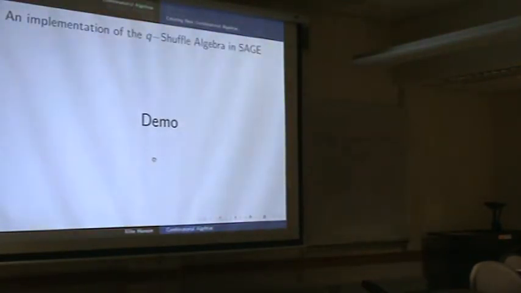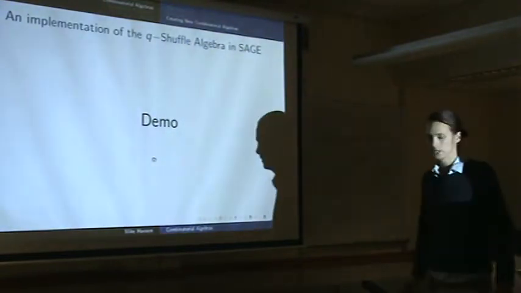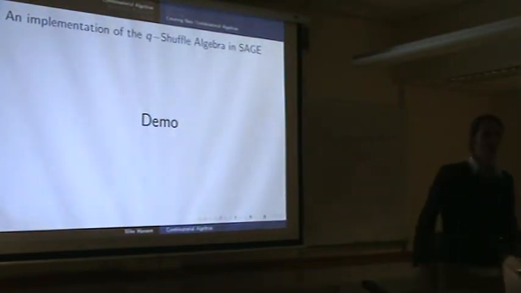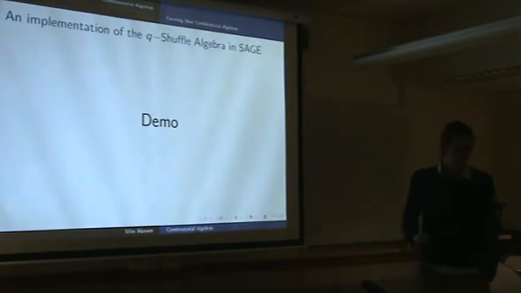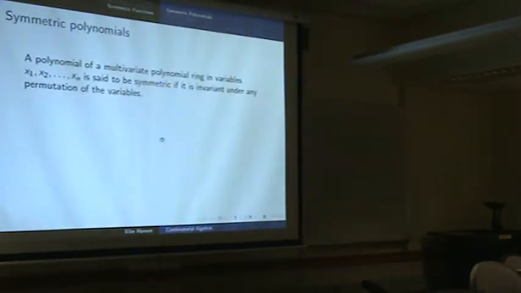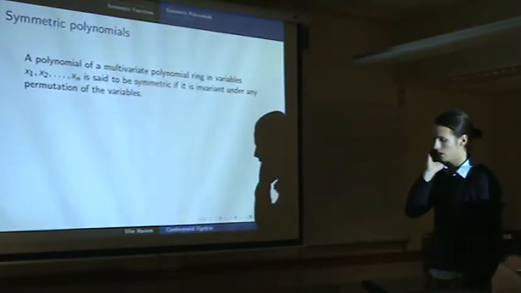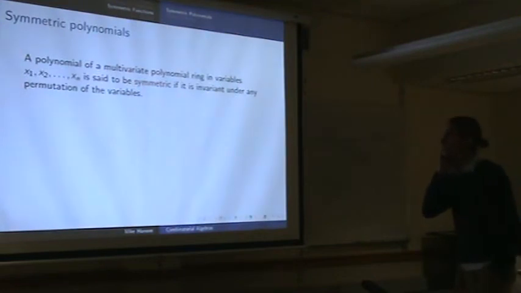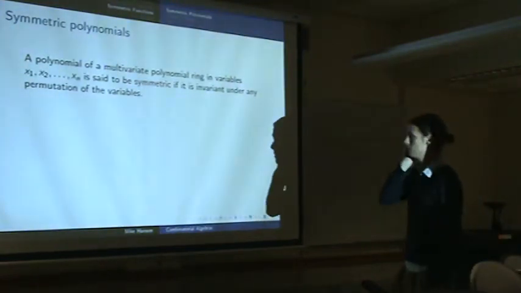So now I'm going to talk a bit about symmetric functions, which is, as I said, where most of my work has been recently. To start off, I'll give a definition of what symmetric functions are. We start off with symmetric polynomials.